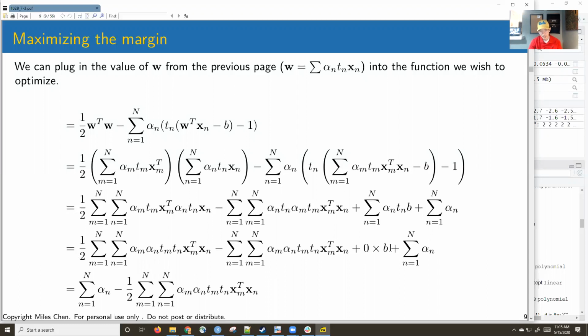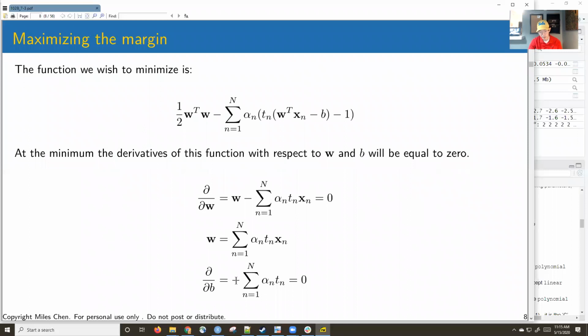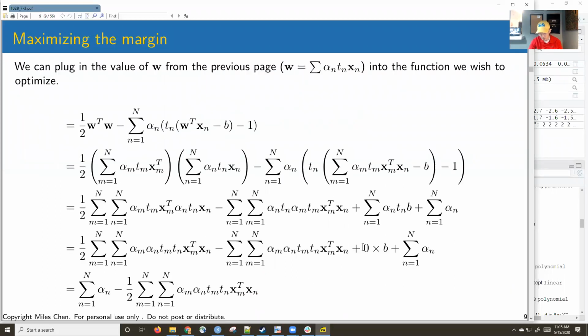And this thing, the sum of alpha n t n times b, well, we said the sum of alpha n t n equals 0, so this becomes 0. I rearrange terms and I get the sum of alpha n minus, because this is a -1 and this is a plus 1/2, we get minus 1/2 of this.